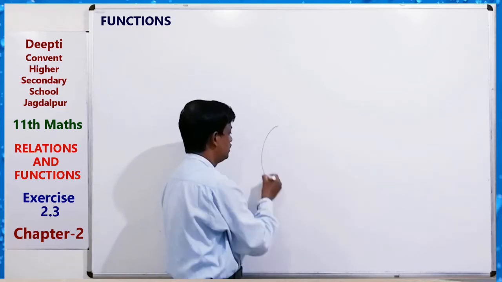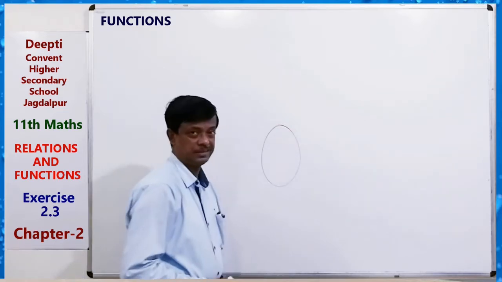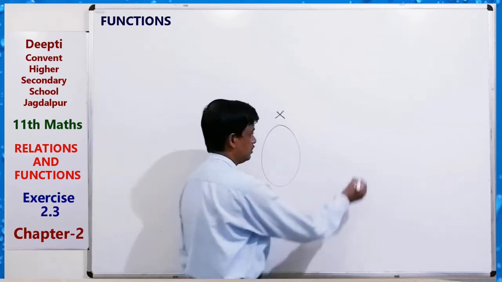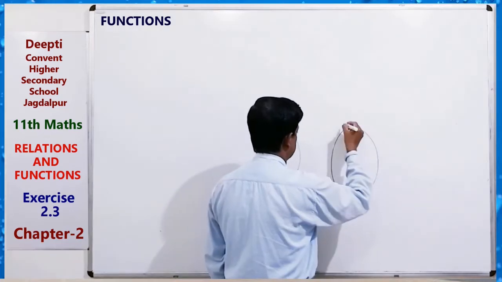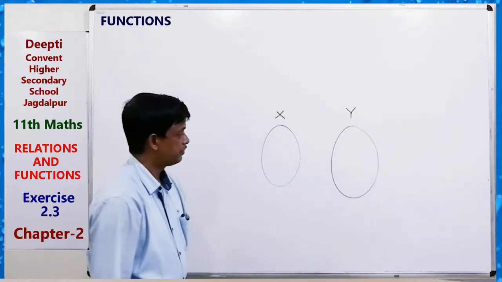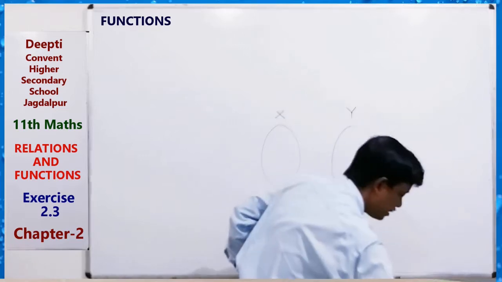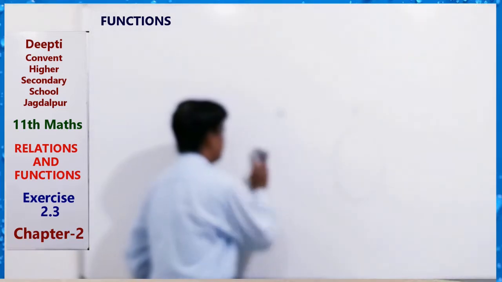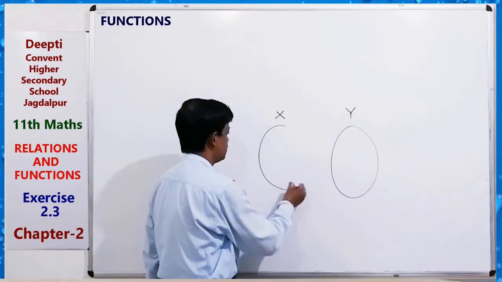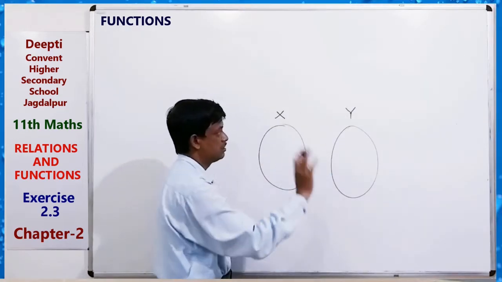Suppose this is a set X, this is a set Y. Clear? X contains some elements and Y contains some elements.